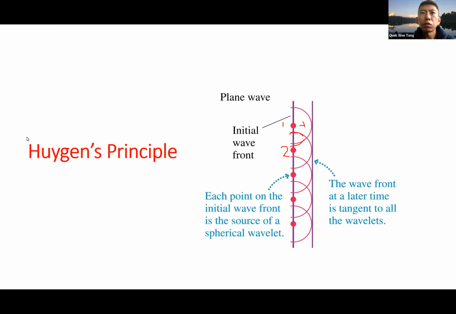So when you draw a series of these semicircle arcs, the parts in between them all cancel out, forming the resultant of a straight line, like this. This becomes the next wavefront, and so on and so forth. Every wavefront can be thought of as many sources forming the next wavefront.